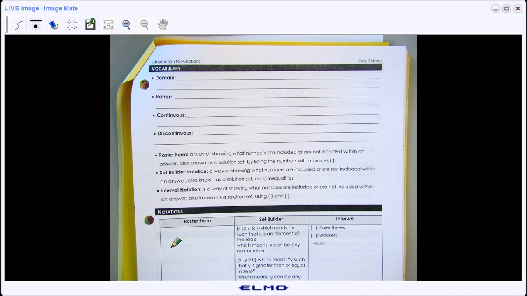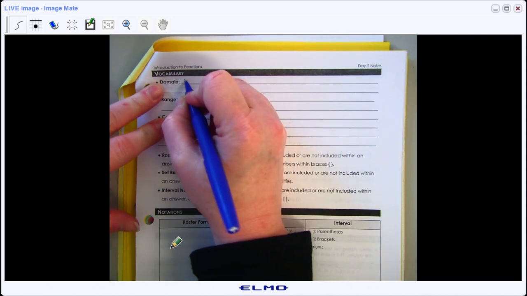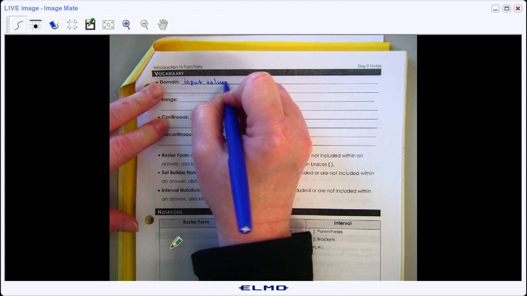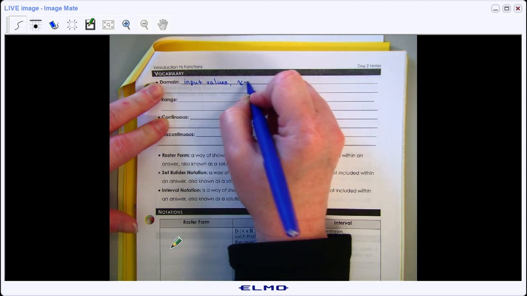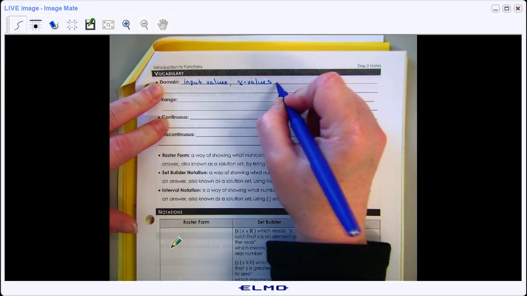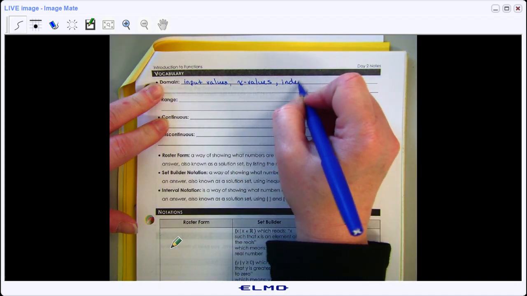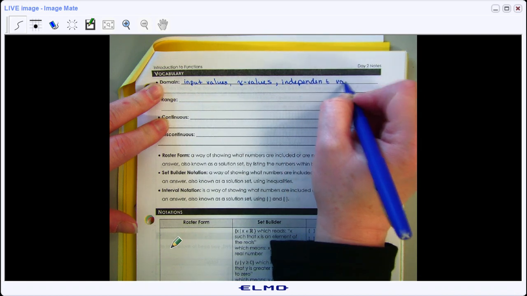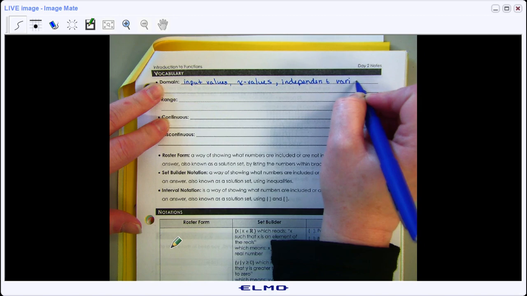So looking at what domain means, again, we did talk about this with day one. So domain are your input values. We also refer to them a lot as your X values. But we're also going to pull back from our linears a little bit more. This is our independent variable.